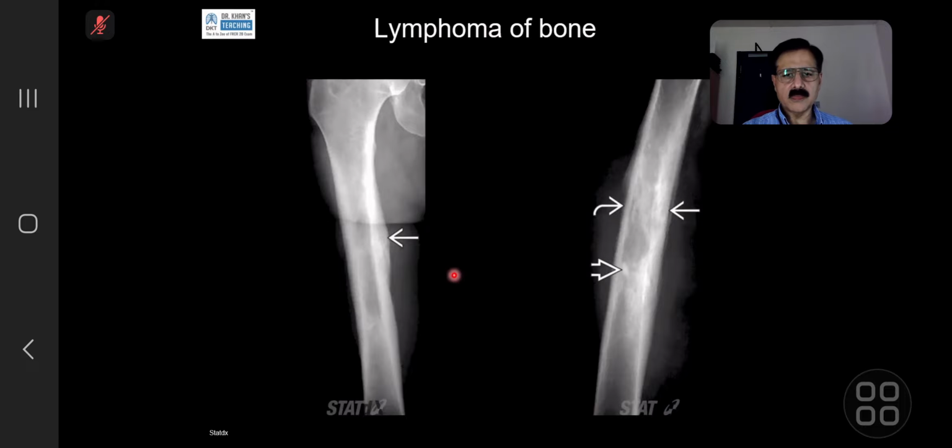Look at this lymphoma. Now, I will describe it for you, and then candidate 2, I will ask you a question, and on that question I will give you a mark. If you see here, it's an aggressive lesion. Look at this cortex, this cortex is thickened. There is periosteal reaction.